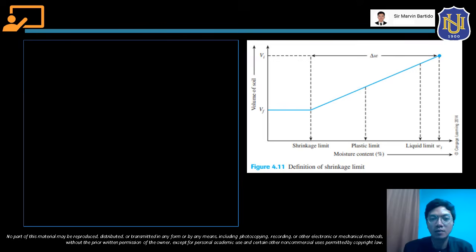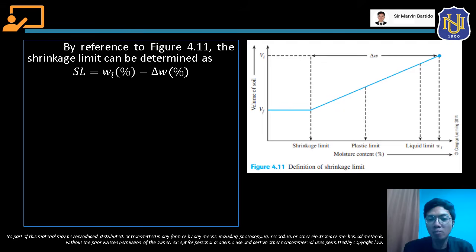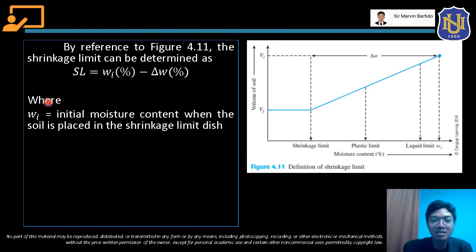Okay, so from figure 4.11, the shrinkage limit can be determined as SL is equal to W sub I minus delta W. The SL is our notation for the shrinkage limit. The W sub I is the initial moisture content when the soil is placed in the shrinkage limit dish.